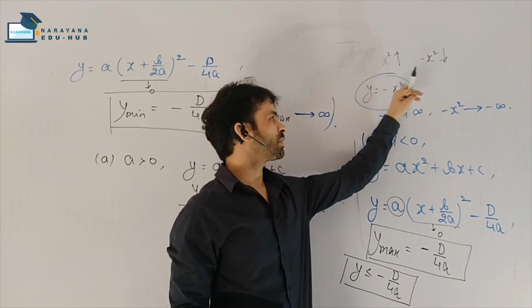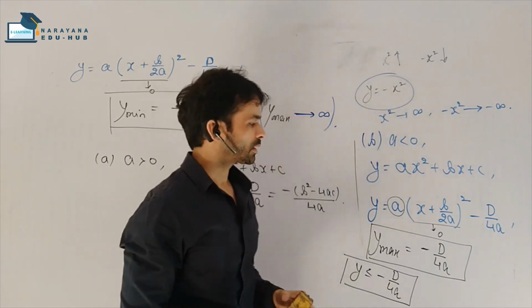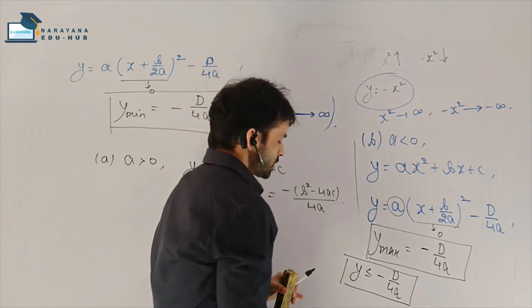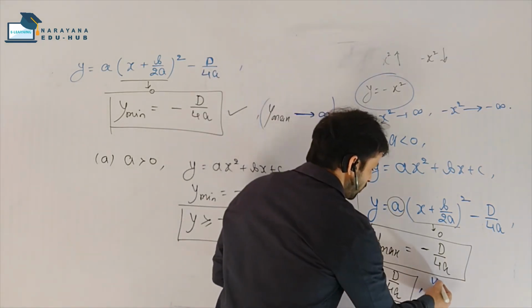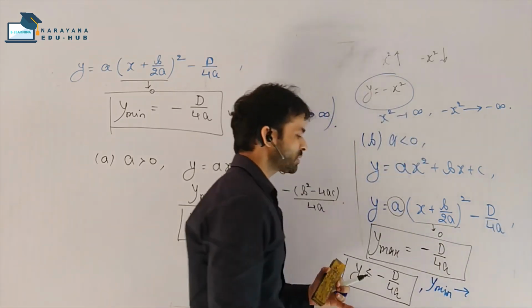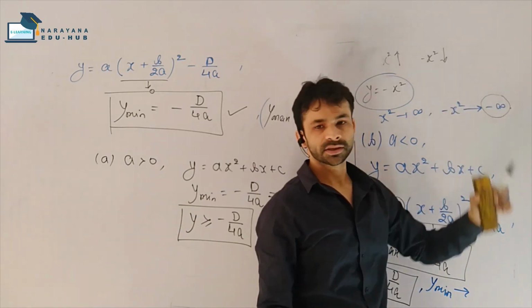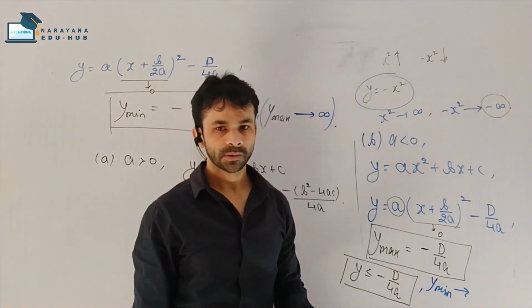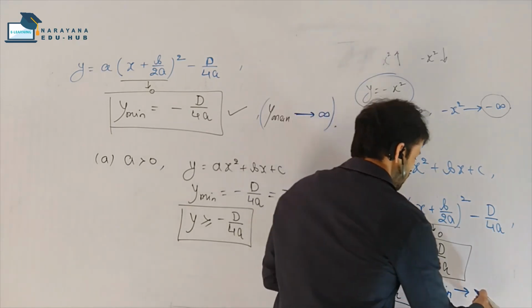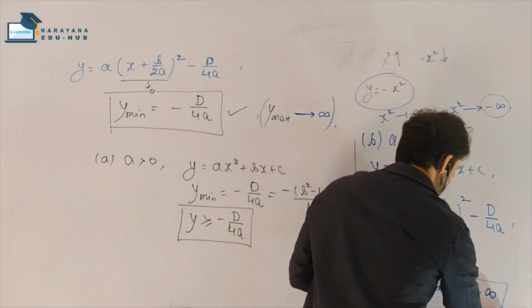When x square is maximum, y will be minimum due to this negative sign. So here the minimum value of y, they won't ask. Why? Because the minimum value is tending to minus infinity, that is not a finite number. So this is the result.